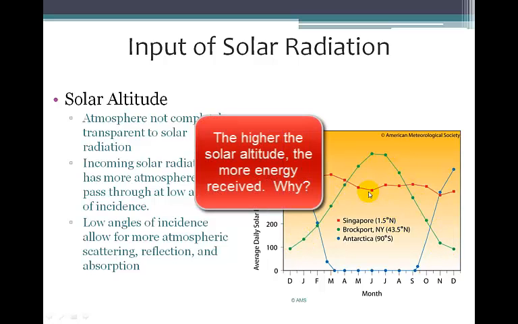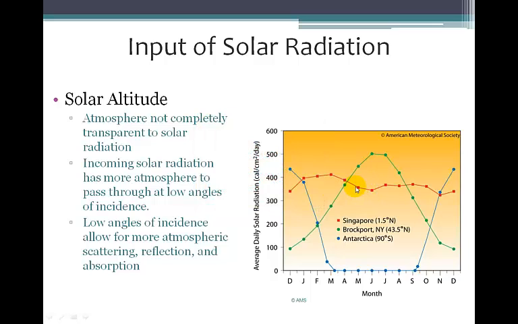For areas closer to the equator, the sun is always relatively high in the sky, and so the energy amount received in the tropical areas is relatively constant throughout the year, as we see it here in the red line. And then finally, near the poles, where we have periods of darkness, for the South Pole, it's dark throughout the summer months, the northern hemisphere summer, which is the southern hemisphere winter.